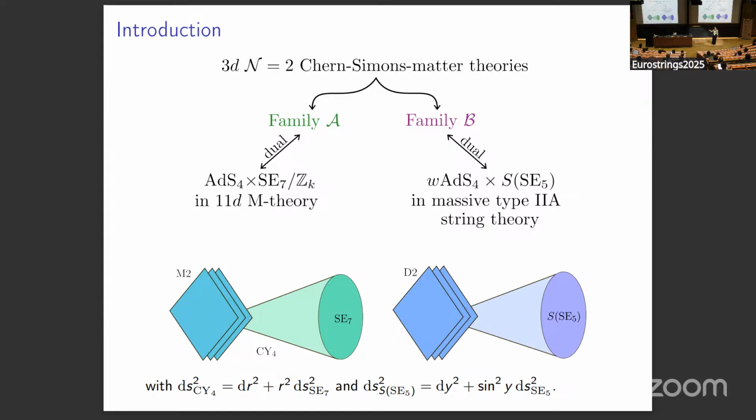Now, family B is a little bit more complicated, but all you have to know is that its dual is given in massive type IIA. So it doesn't have an M theory description, so we will restrict ourselves to just getting the string theory answer on this side. And topologically, the background that you get is a warped product of AdS4 times the suspension over the Sasaki-Einstein 5 manifold. And this is the metric that you have for people that are interested in this. But this is not super important.